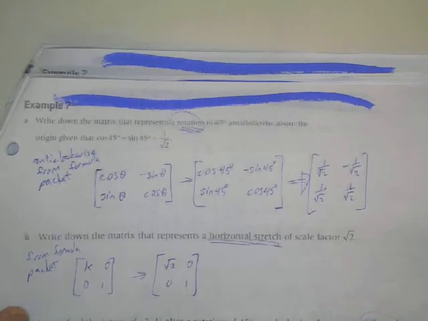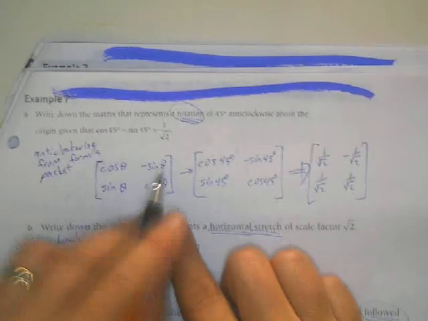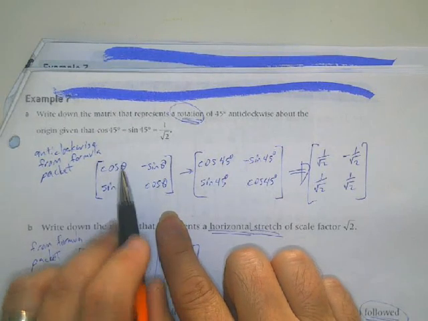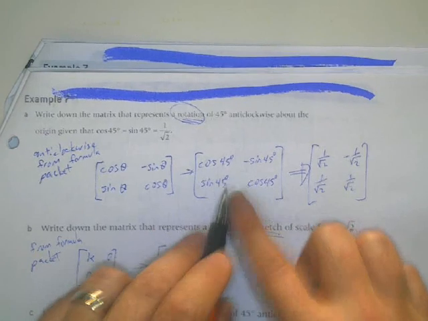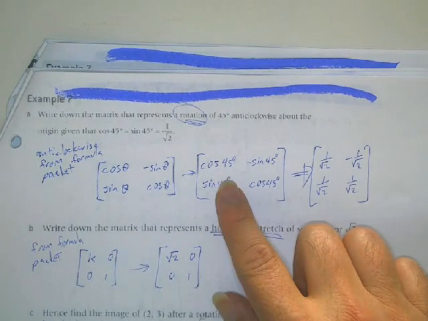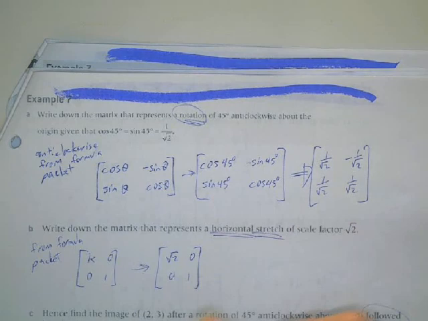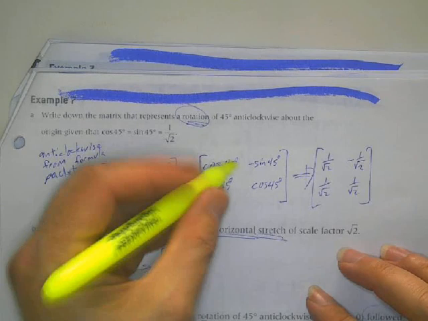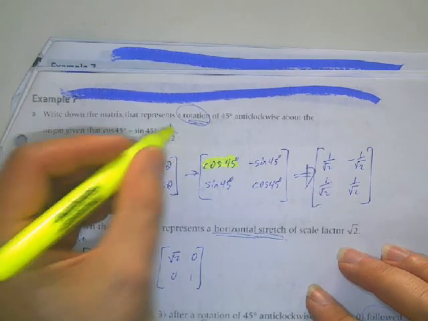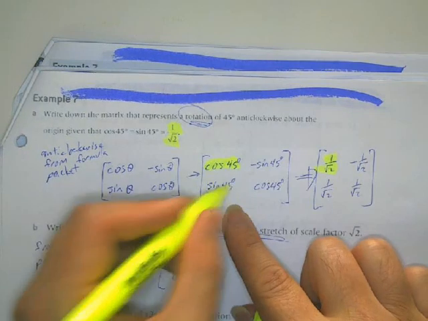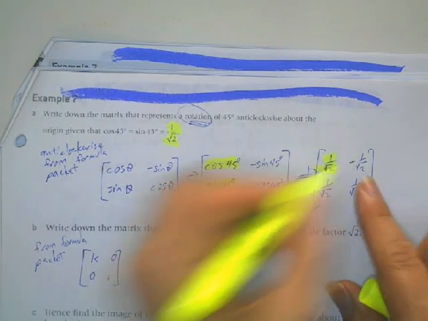So you might want to hit pause. This is what I just copied from our formula packet. And so I'm going to replace theta with 45 degrees. And once we've replaced theta with 45 degrees, I'm going to replace cosine 45 with 1 over radical 2. Replace this with 1 over radical 2.